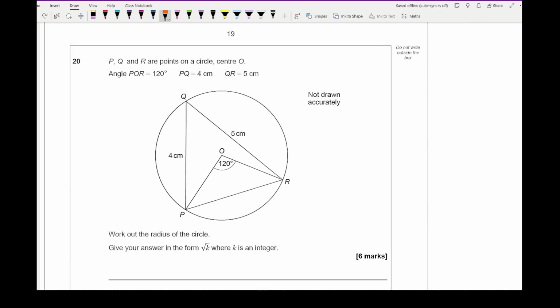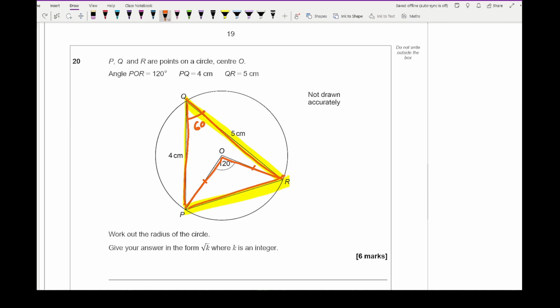So for this, we can see that this triangle of POR is an isosceles triangle. So if I take the large triangle out, and what I mean by the large triangle is this triangle here, then you can see that we've got an arrowhead, and with the arrowhead, what I know is that this angle at Q is half the size of the angle at POR, so that's going to be 60.